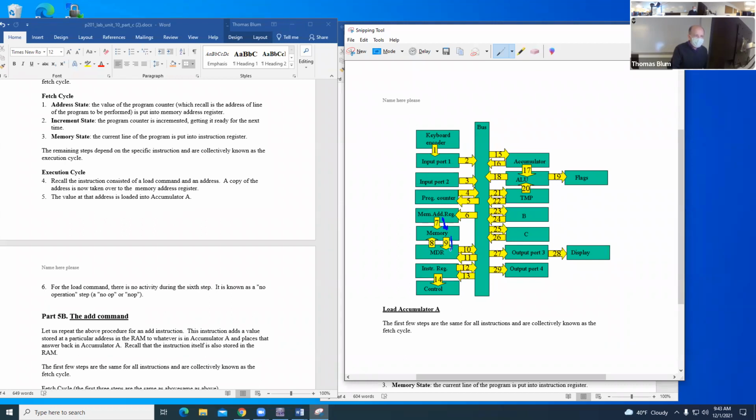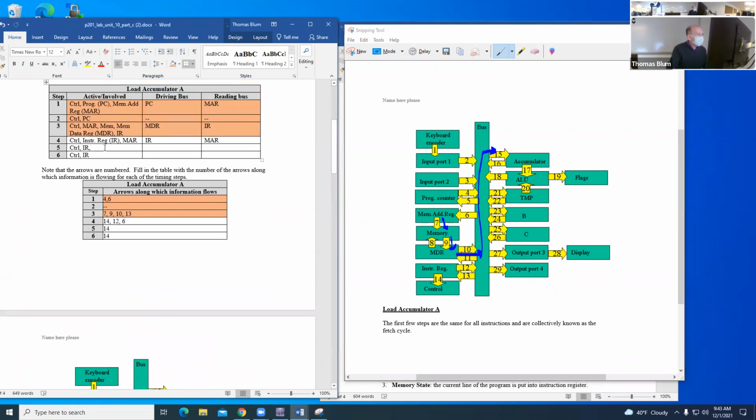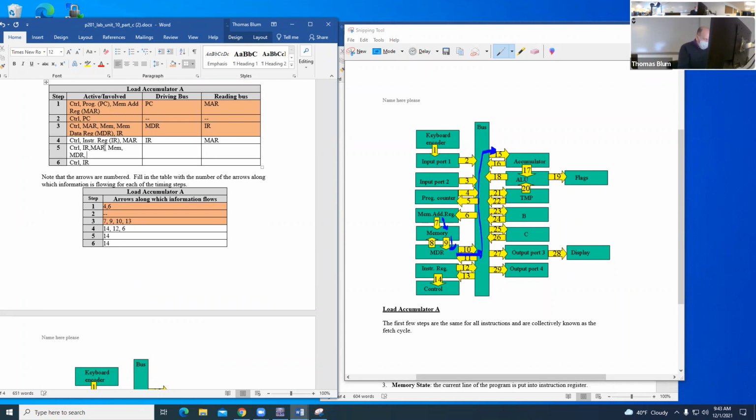I'm getting the data at that address. I'm moving it out onto the bus, and this time into the accumulator. So who's involved? Memory address register, the memory data register, and the accumulator.